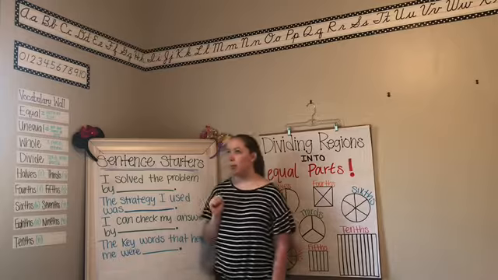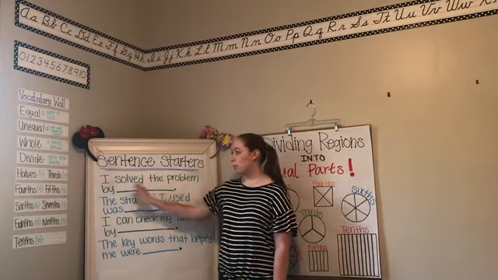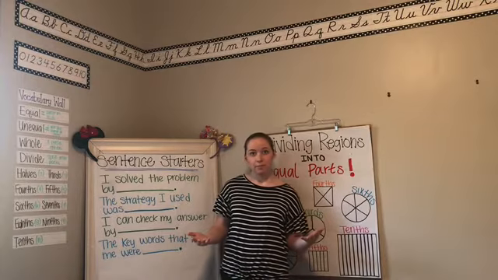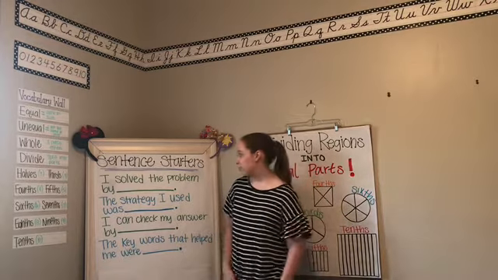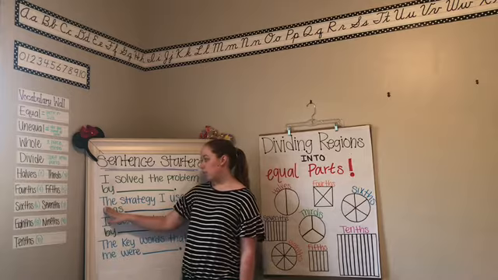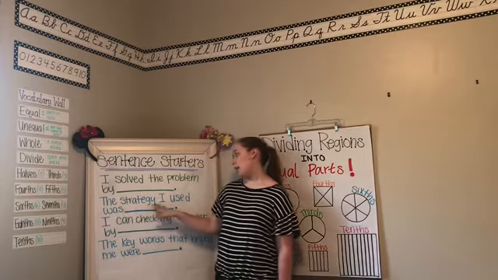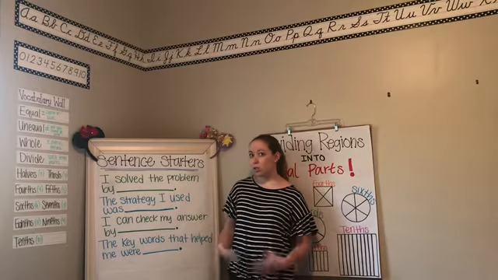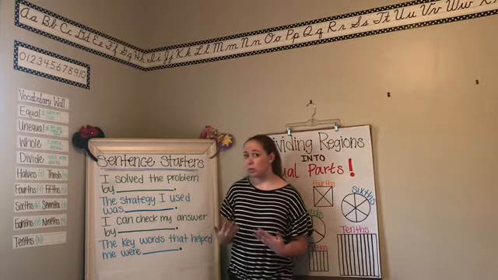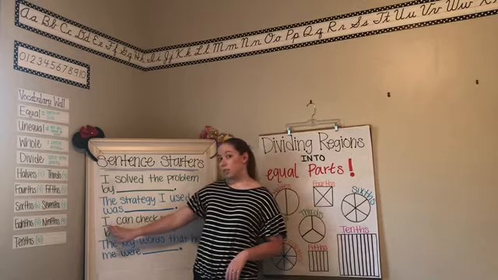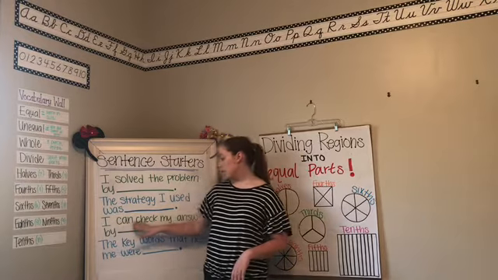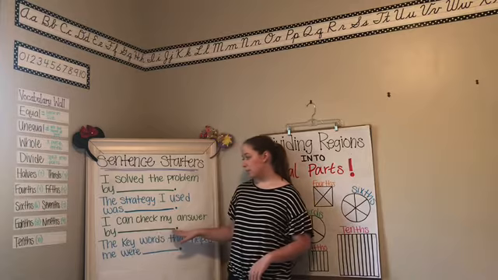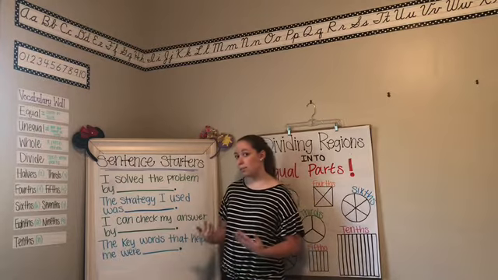For example, I solved the problem by using a manipulative, and then I found my answer. Another sentence is, the strategy I used was blank. You can plug in the strategy that you used. The next one is, I can check my answer by blank. You would fill in your answer for that blank as well.